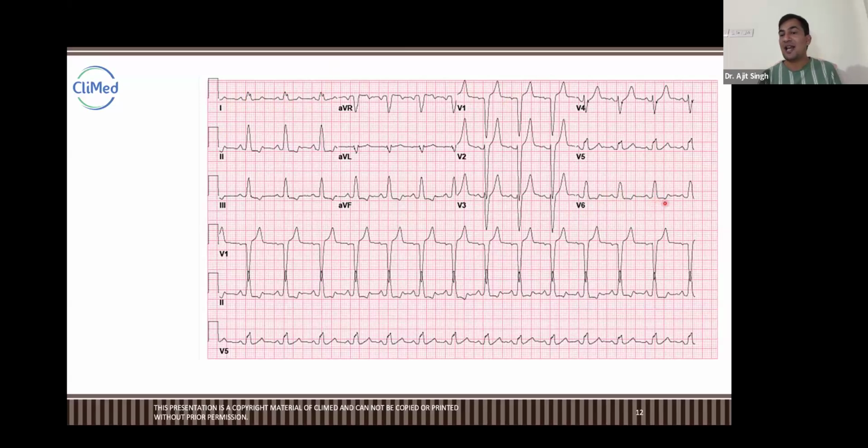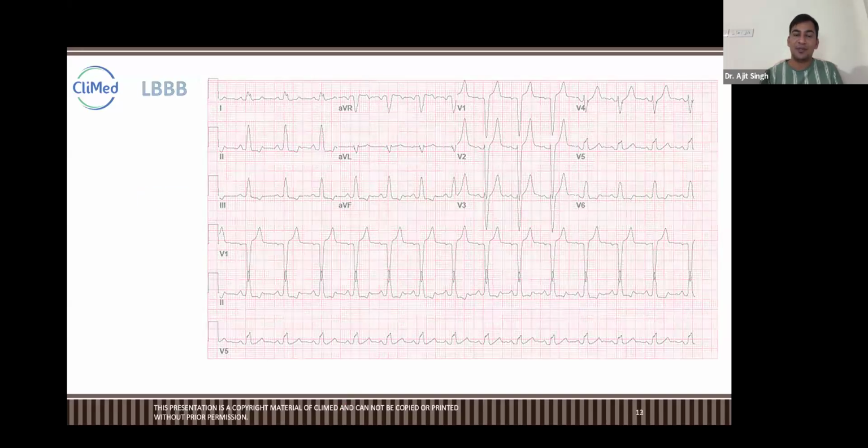Is it M or W? Where is the M? Here it is M, prominent M. Here it is W, prominent W. If you look at the big one also, this is prominent W only. So this is RBBB, actually.